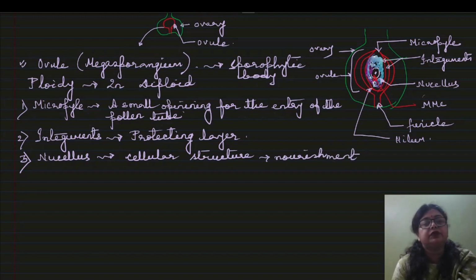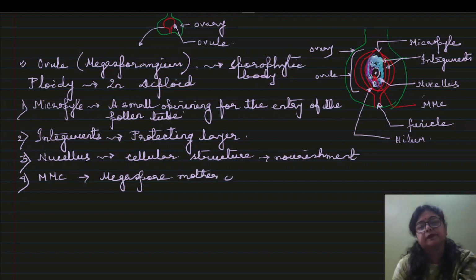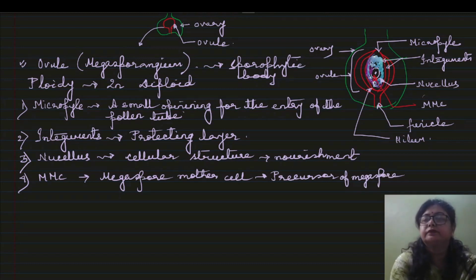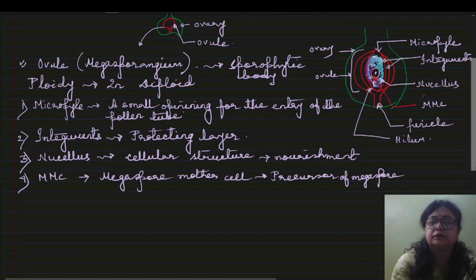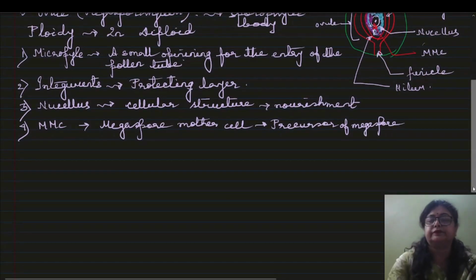Then we go to the MMC, the megaspore mother cell, which is the precursor of the megaspore.